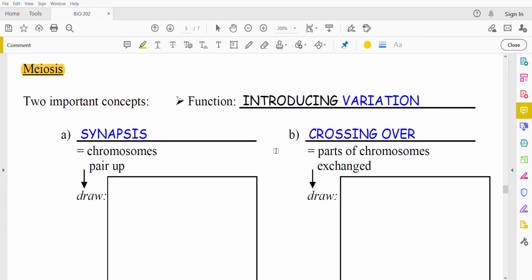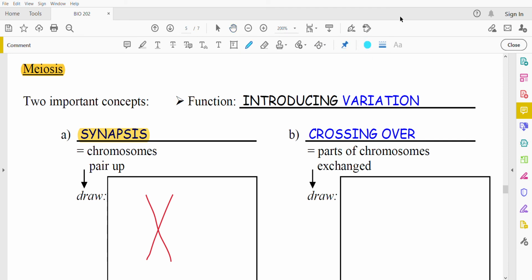The first one is known as synapsis. What happens in synapsis? We have two chromosomes, and these chromosomes line up so that they're next to each other.